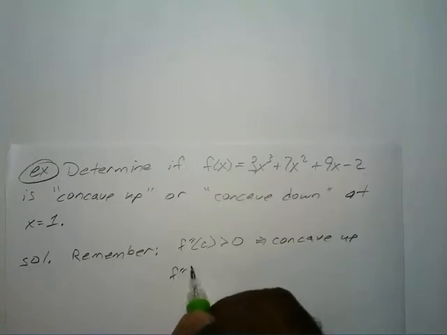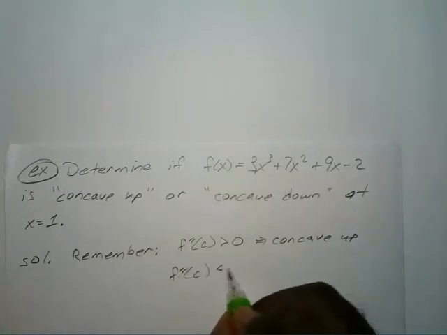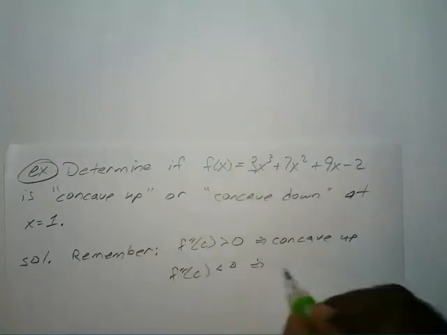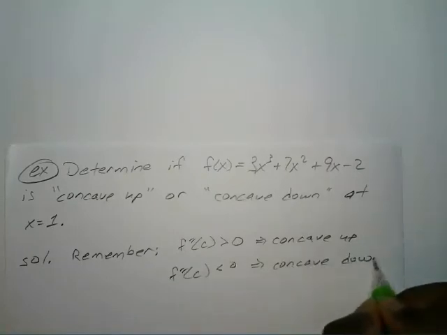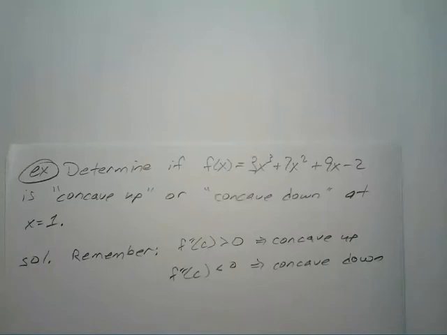And your second derivative at c less than 0 means it's concave down. Now remember, in this problem, your c is equal to 1. So we just have to find our second derivative, plug in our c, and see if it's positive or negative.